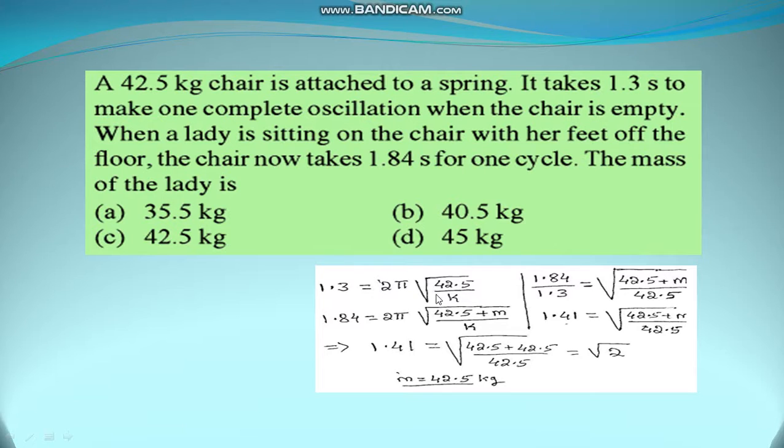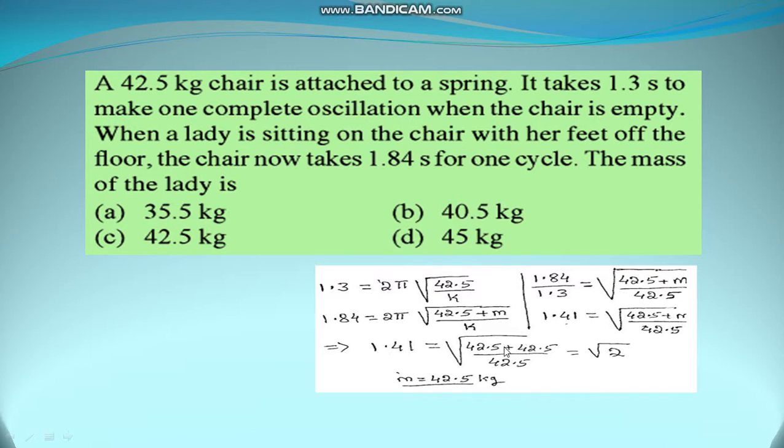Equation 2 by equation 1, divide this, you will get a simple square root of 42.5 plus m divided by 42.5. When we divide this, you will get 1.41. What is the value of m? We have to calculate that. This 1.41 means what? Root 2.